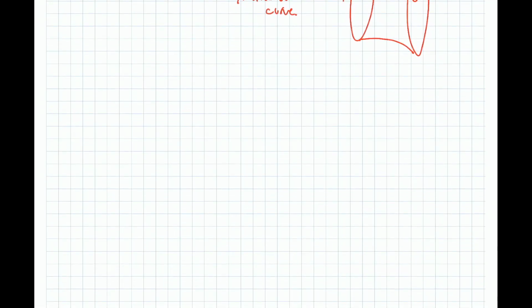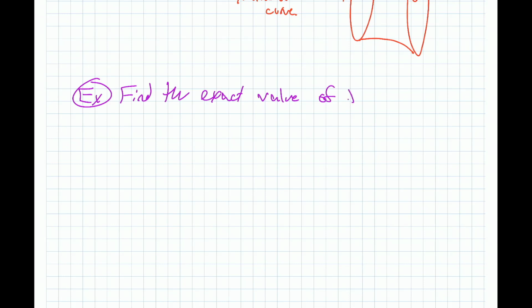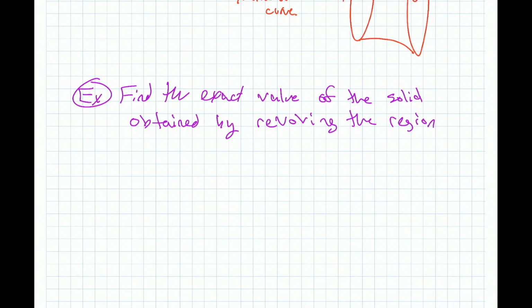Okay, so example. Find the exact value of the solid obtained by revolving the region bounded by f of y.